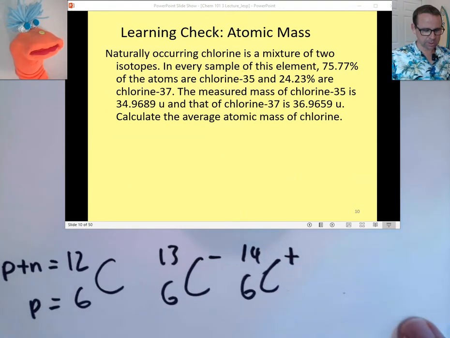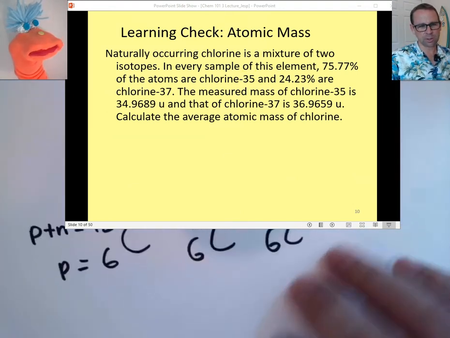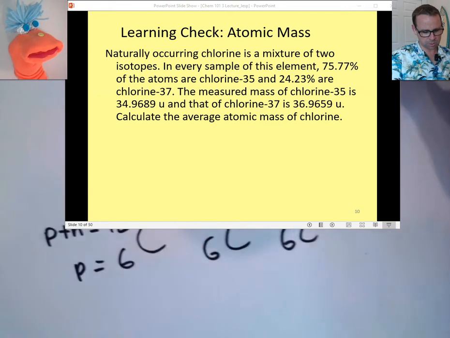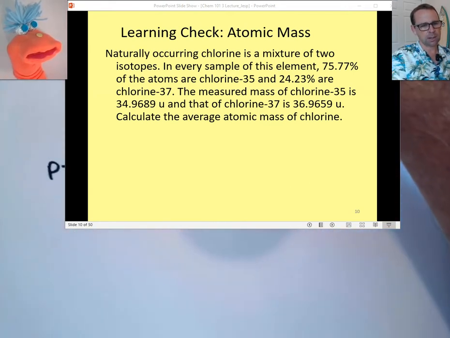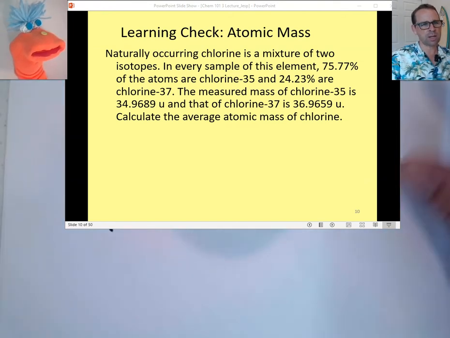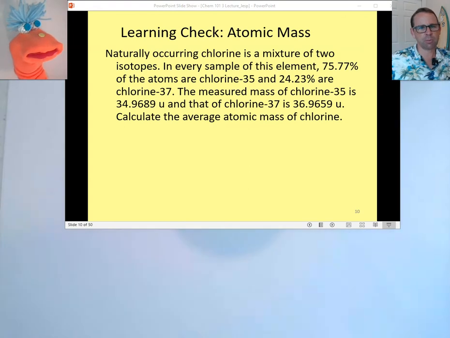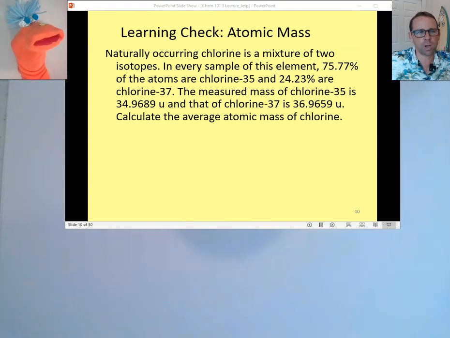So, a naturally occurring element, in this specific case we're talking about chlorine, contains only two different kinds of isotopes, and let's say 75.77% are chlorine 35, and the rest are chlorine 37, okay?